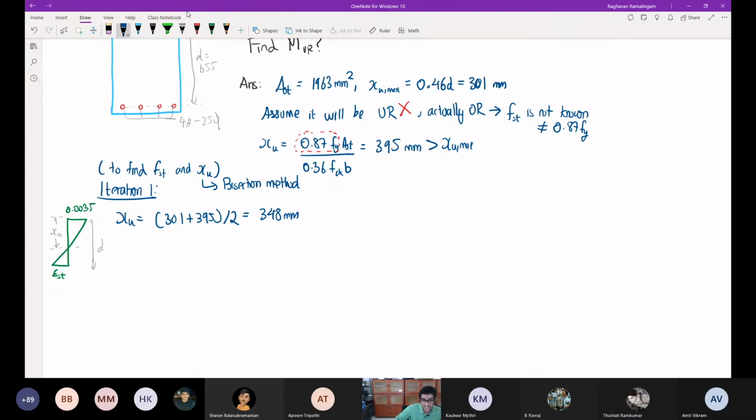So the strain in steel is 0.0035 times (d by xu minus 1). How much do you get for the strain in steel? D is 655, and xu is the value which you have approximated over here, 348.